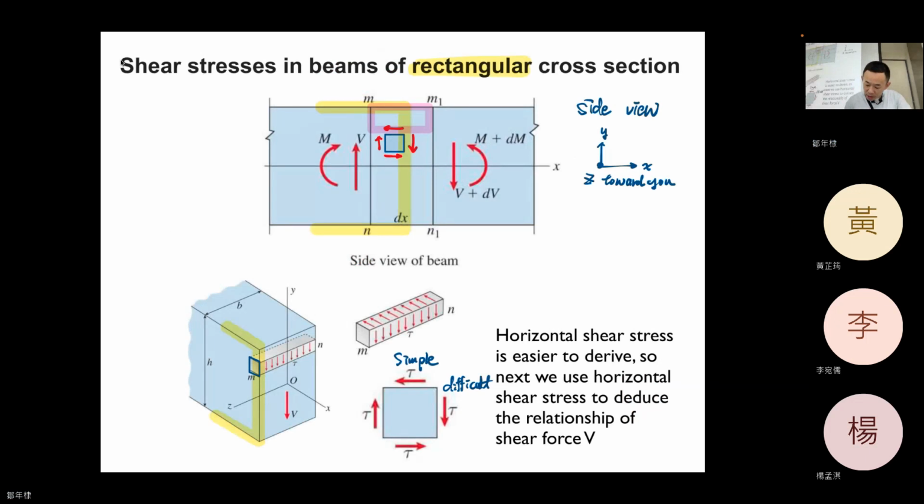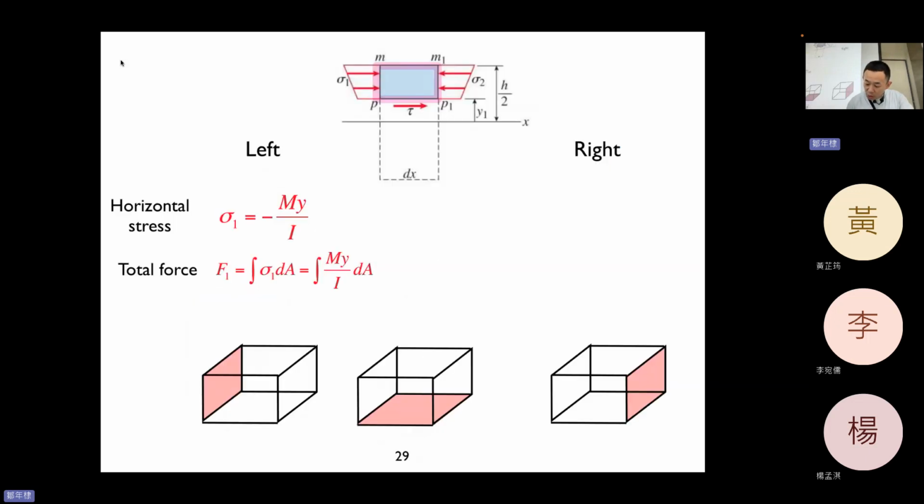So this is left. So here is right, because you left the upper part. Okay, right. Then you know that this part is down due to the moment M plus dM, right? And this one is M, right?